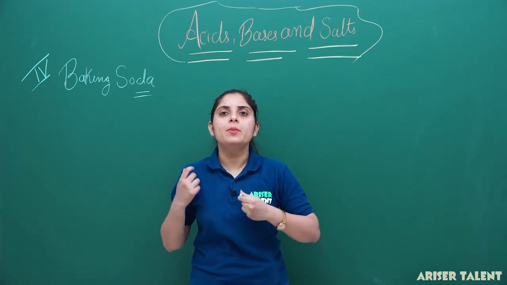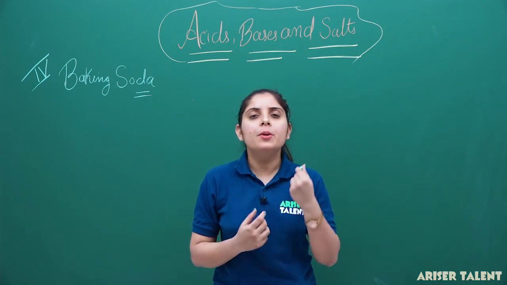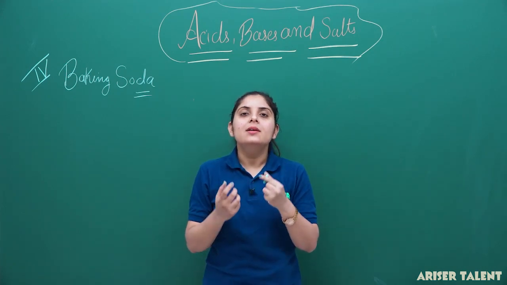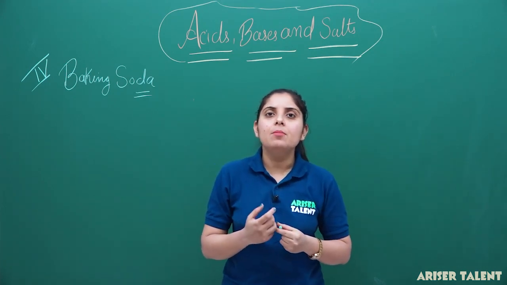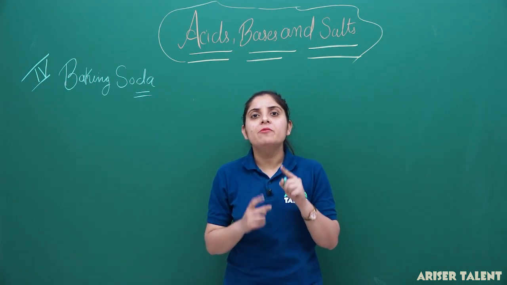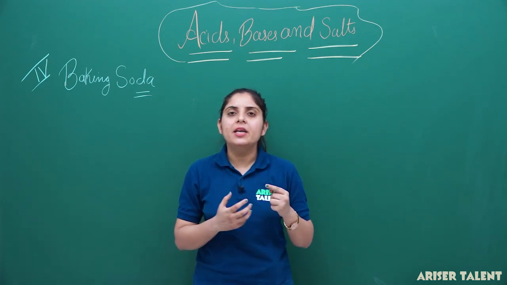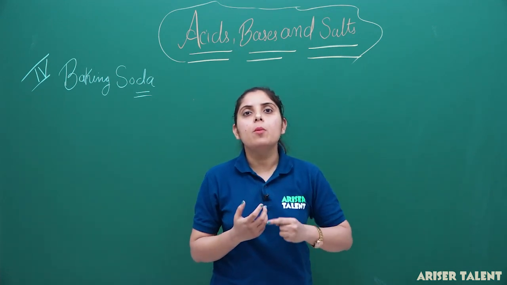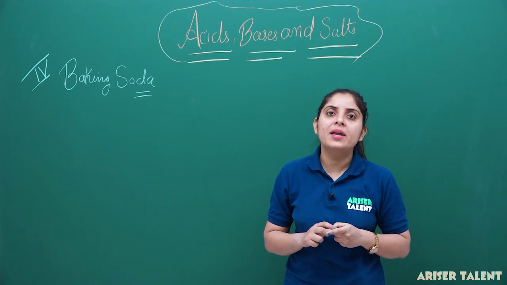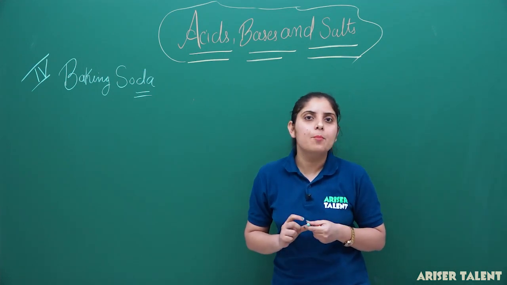These questions are quite important from your exam point of view, because some salt question almost comes in every exam. At least one salt-based question will be there in your exam. It may be baking soda, washing soda, or many more topics we will discuss, like plaster of Paris, which is very important from your exam point of view.